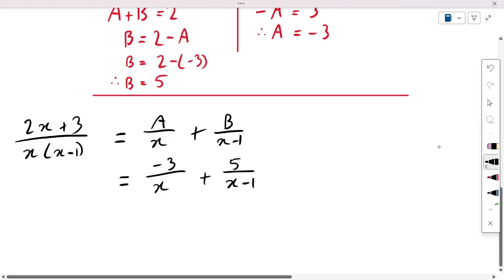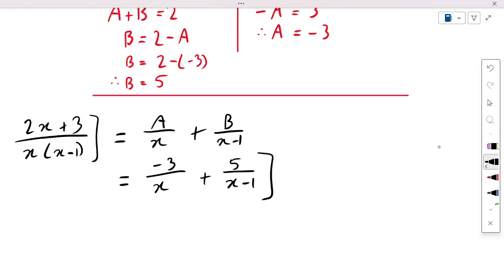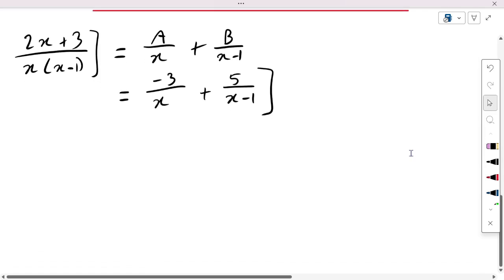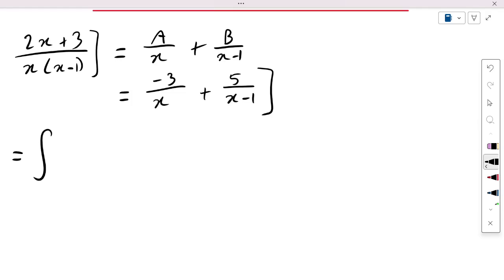Okay, so what do we note over here? Well, we can literally just replace this with this in our integral. So this is how it's going to look. So we're now going to have the integral of, I'm just going to write down the bracket here, negative 3 over x plus 5 over x minus 1 with respect to x.